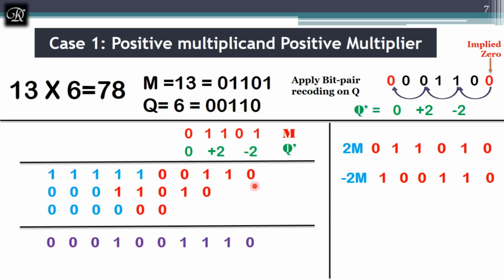Adding the columns, we consider only 2n bits. This is the product of 13 into 6, which is 78: 2 plus 4 plus 8 is 14, plus 64, 78. We got it.